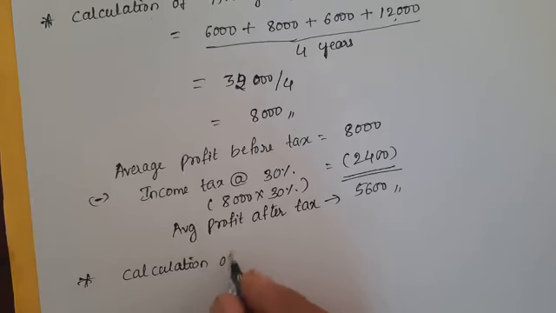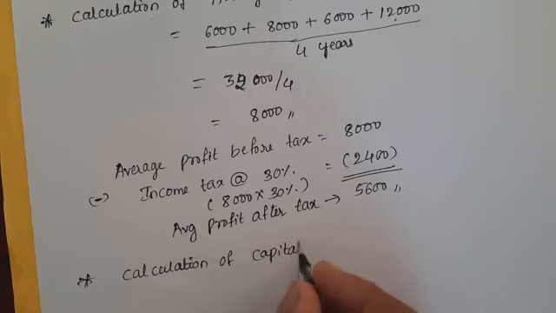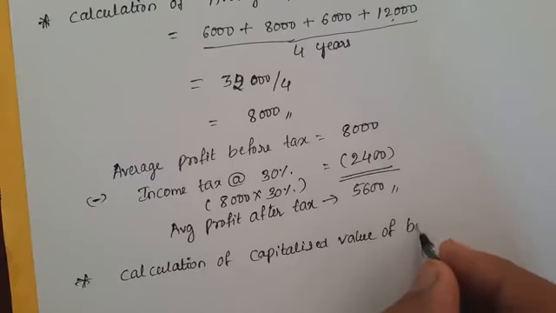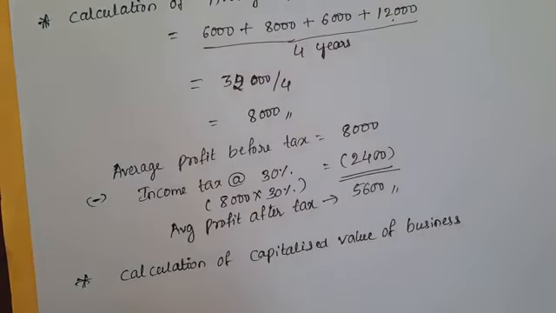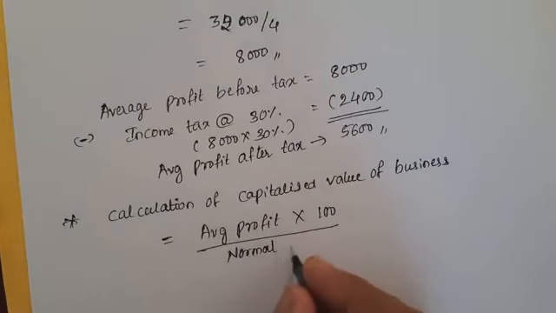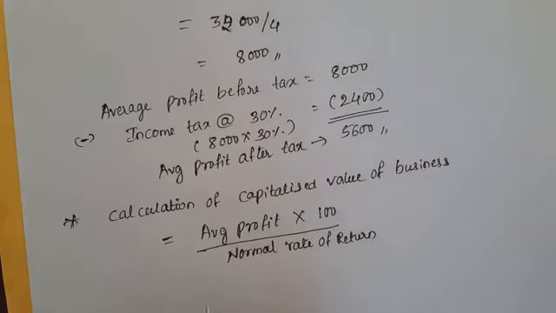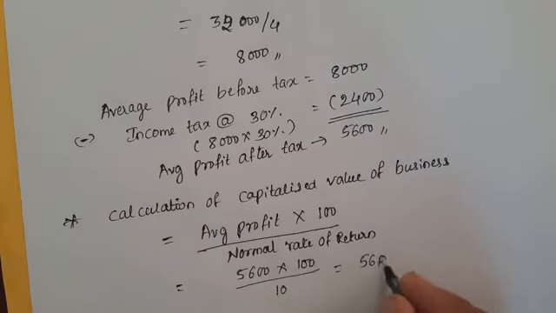Calculation of capitalized value of business is equal to average profit into 100 divided by normal rate of return, equal to 5,600 into 100 divided by 10, equal to 56,000.